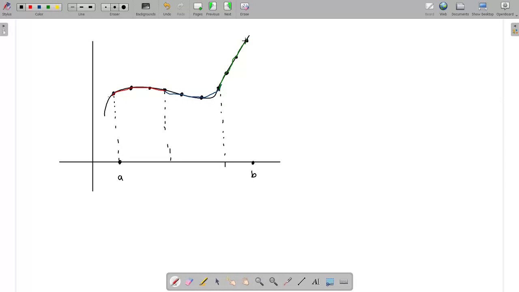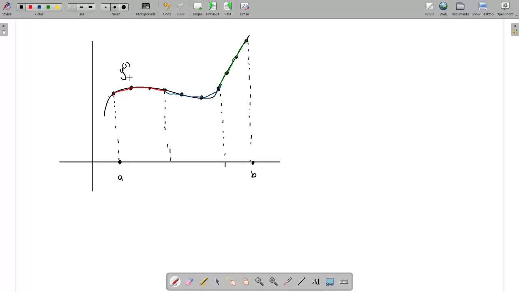And since you have taken these points very close to each other, you would expect that these polynomials almost estimate the values of the function, which would mean that the sum of these integrals would actually estimate the integral of the function. This would be the basic principle.